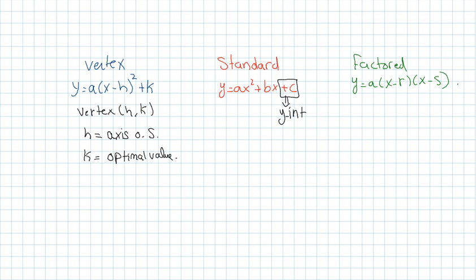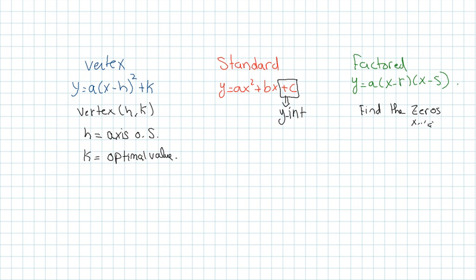How about factored form? What do I know from the factored form? I can find the zeros, right? Or we can call them also what? X-intercepts. They're the same thing. It's also called find the solution, solve.